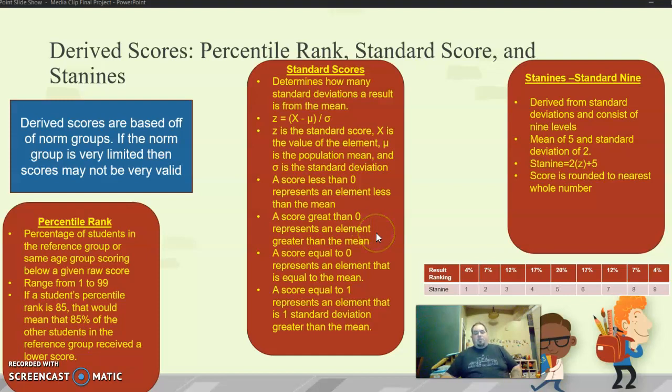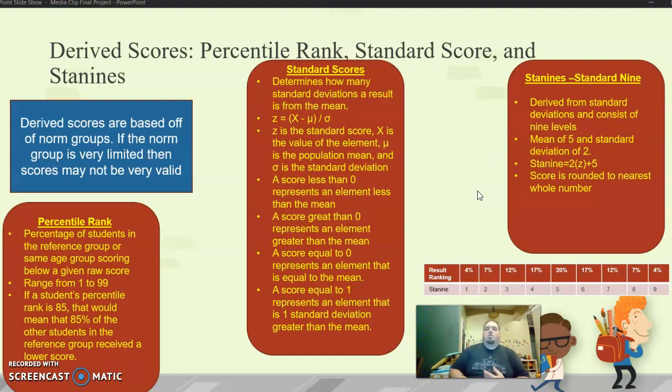A score greater than 0 represents an element greater than the mean. A score equal to 0 represents an element that is equal to the mean, and a score equal to 1 represents an element that is 1 standard deviation greater than the mean. And I have in a couple slides a comparison chart that can help with that.